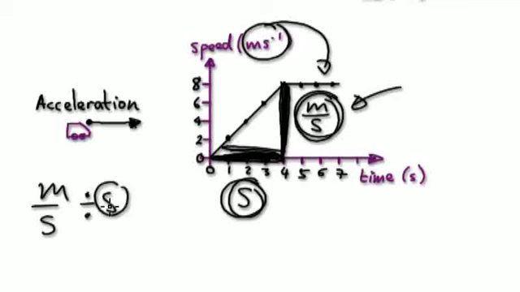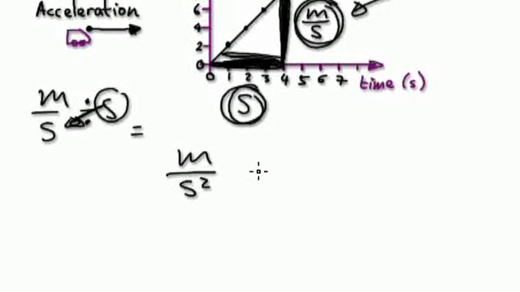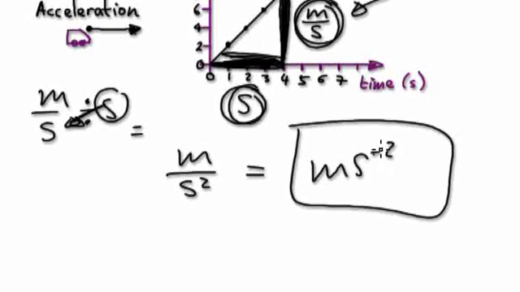Okay, now this gets multiplied to the bottom because you're dividing. You've got a fraction divided. Well, when you divide, you multiply it to the bottom. So this here becomes m over s to the power of 2. Okay, now this here is the same as this, meters times seconds to the power of minus 2. Now that's why acceleration is measured in meters per second squared.